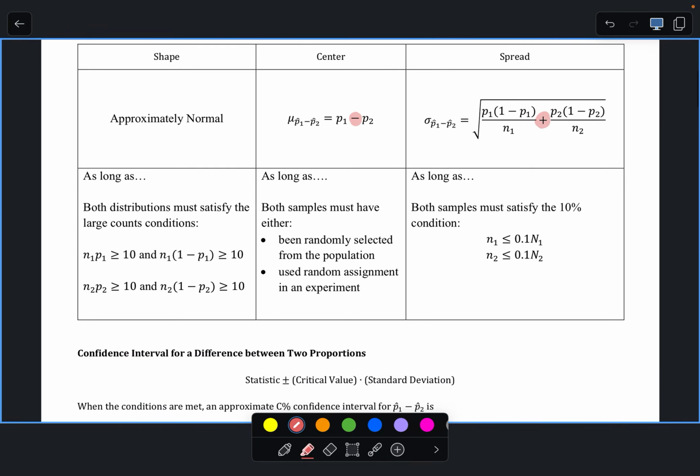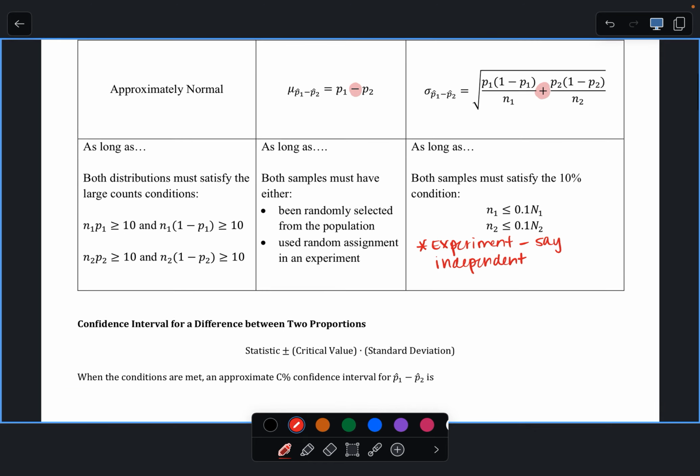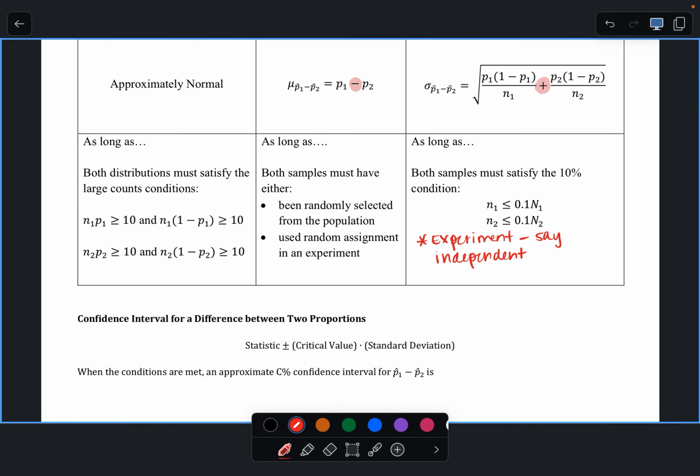The only exception to the 10% condition is if you are doing an experiment. If you're doing an experiment, you can say that they are independent. So if I'm sampling people and trying to test a drug to see if it helps with migraines, I can say each subject that is a part of this experiment is independent.